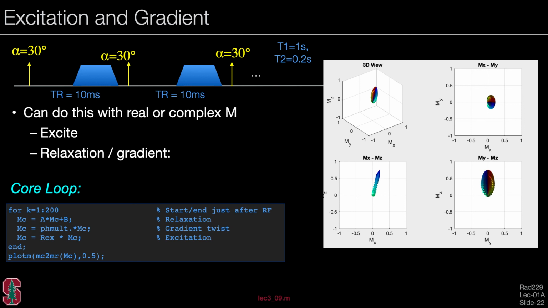So in this example we go through the for loop, and then we plot the magnetization at the end, which you see at the right. So you could also look at the MATLAB code, and you can plot the magnetization within the loop to see how it changes over time.